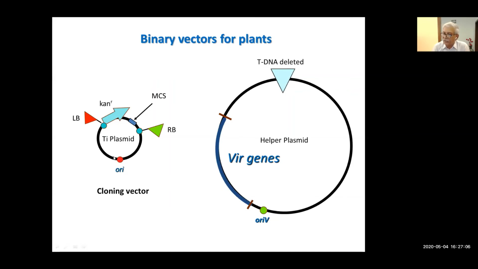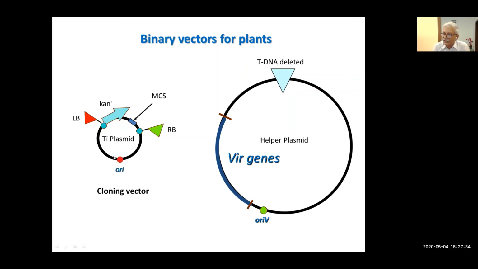You must know basic things like a helper plasmid, what it is carrying, and along with a helper plasmid, you need a TI vector, which contains the cassettes of your interest within the left and right borders, and you co-transform them into Agrobacterium. Okay, and then you use that transformed Agrobacterium to infect plant cells.